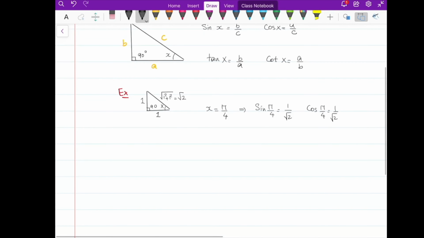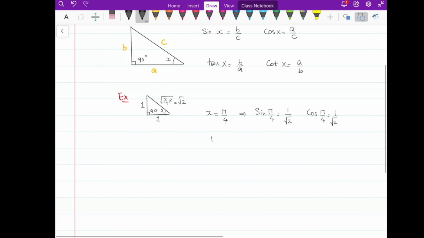And then if we want to write tan of pi over 4, it is equal to B over A, which would be 1 over 1, which is 1. And cotan of pi over 4 is also 1, because you just need to flip tan to get cotan. It's 1 over 1.